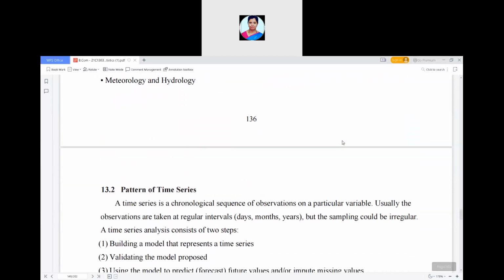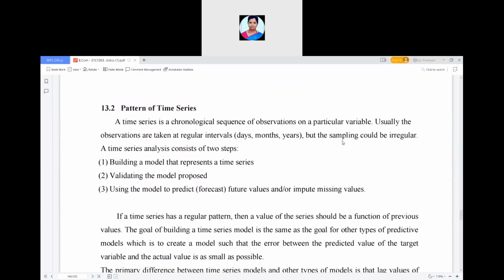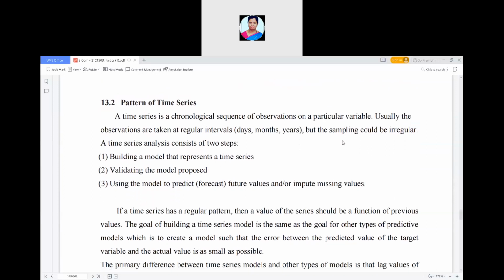The next topic, 13.2, we have pattern of time series. The time series is a chronological sequence of observations on a particular variable. Usually the observations are taken at regular intervals, day, month, or year, but sampling could be irregular. The time series analysis consists of two steps.